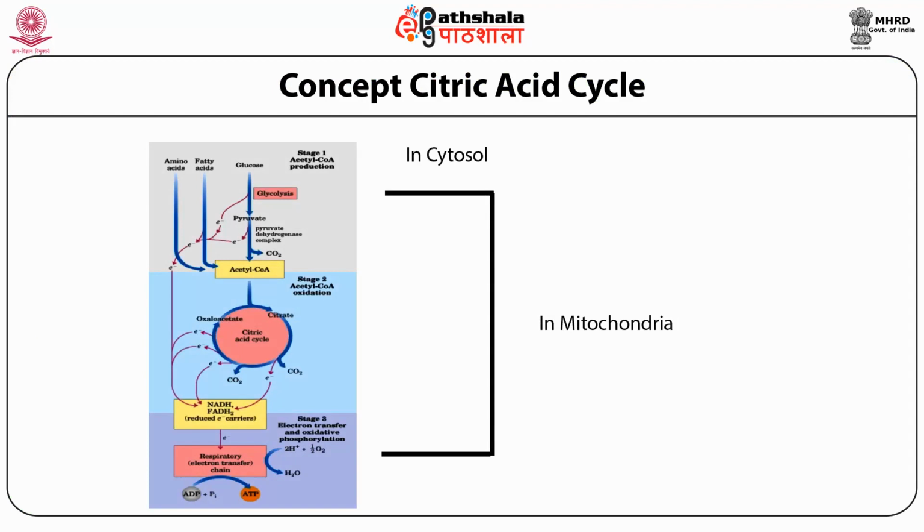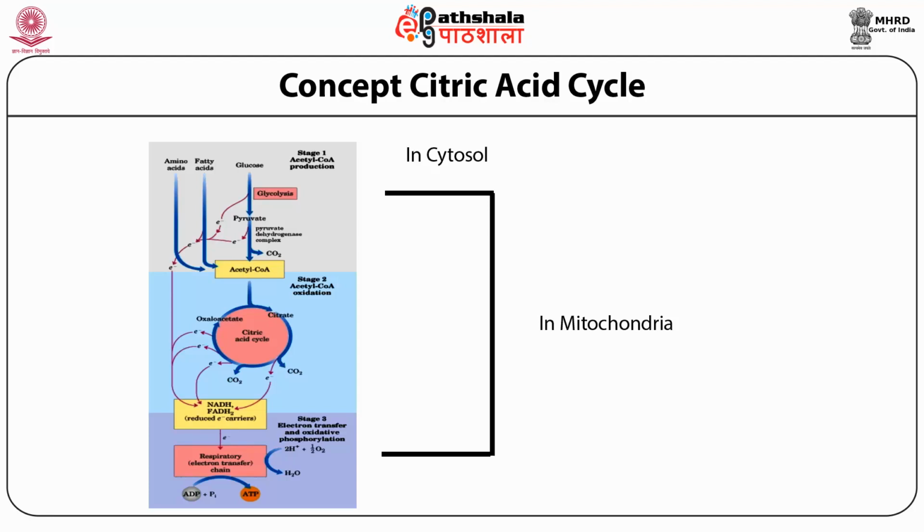This figure shows the concept map of the citric acid cycle. It is a chain of chemical reactions used by aerobic organisms for the production of energy through the oxidation of acetate derived from carbohydrates, fats, and proteins, converted into carbon dioxide and chemical energy in the form of adenosine triphosphate.